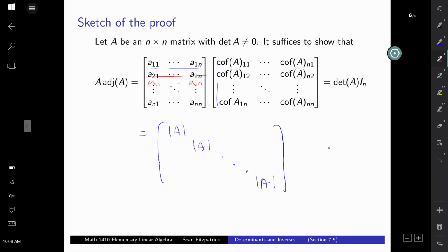But that matrix would have 2 rows that are the same, and we know that any matrix that has 2 rows the same has 0 determinant, right? So the off-diagonal entries are 0 because each of them is effectively computing the determinant of a matrix that has 2 identical rows, and that determinant should be 0. And that's why this works, right? So then I can multiply both sides by 1 over the determinant, and that gives me my formula. Okay.